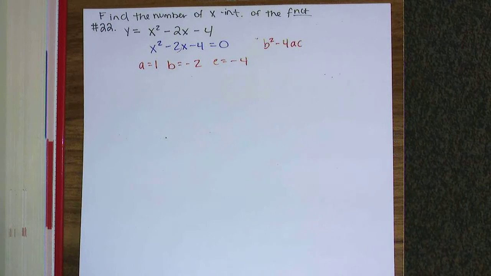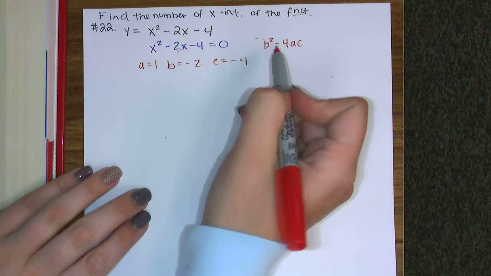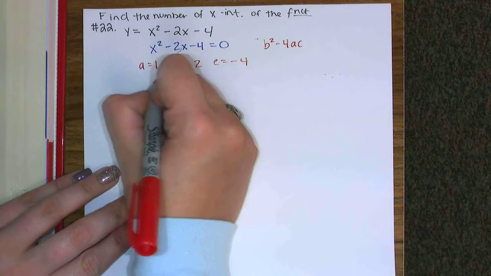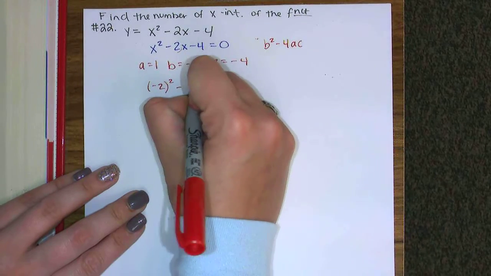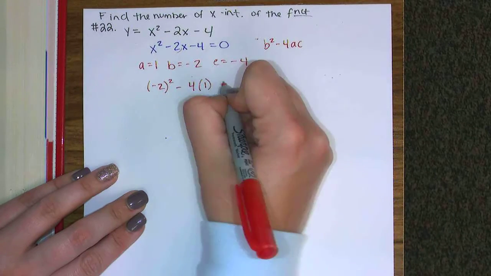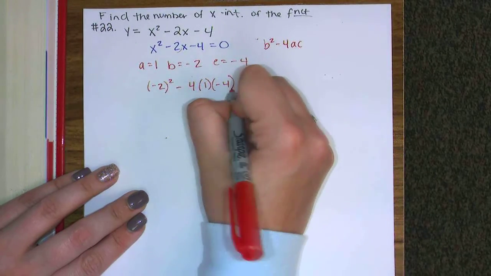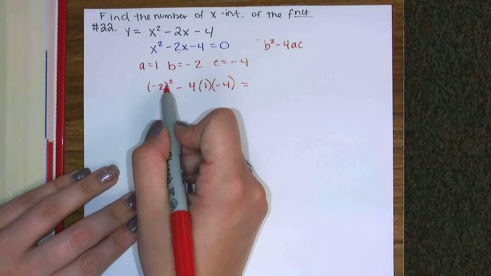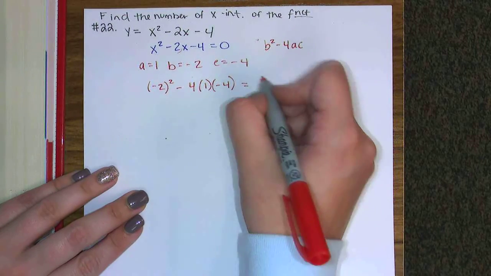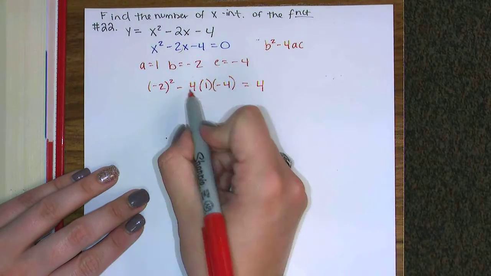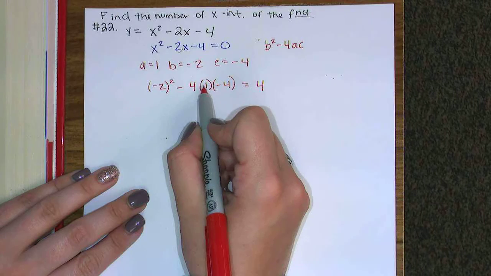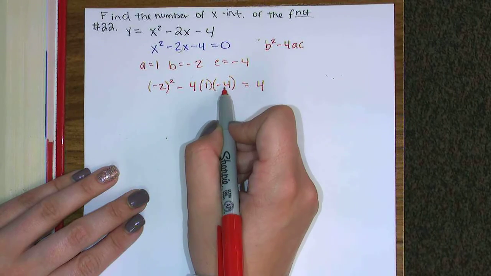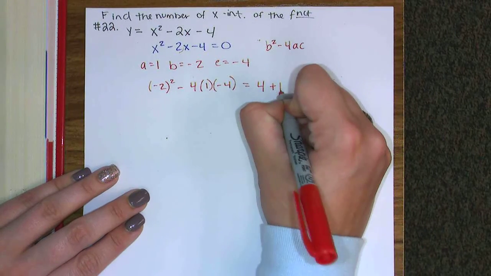I am going to plug it in. b squared, so negative 2 squared, minus 4 times a is 1, times c is negative 4, is equal to, negative 2 squared is positive 4. Negative 4 times 1 is negative 4, times negative 4 is positive 16, so plus 16 is equal to 20.